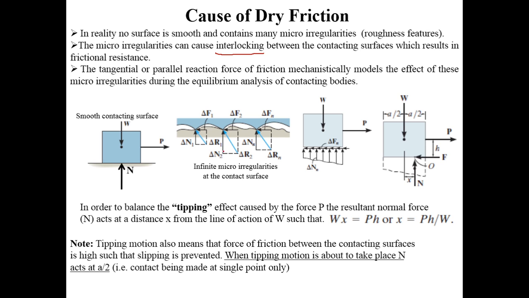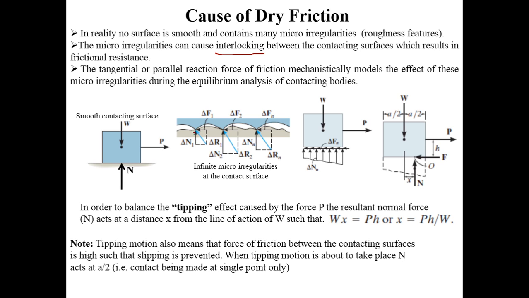So as you can see in this figure, these micro irregularities or micro roughness features between the contacting surfaces can be infinite in number actually. At each and every contacting point there will be a normal reaction, as we know that whenever two bodies come in contact, there is always a normal reaction at the interface.